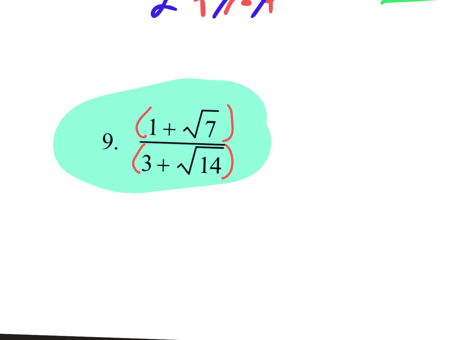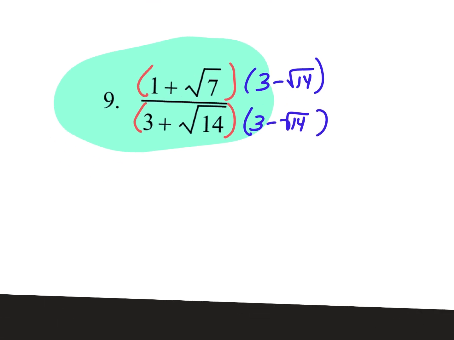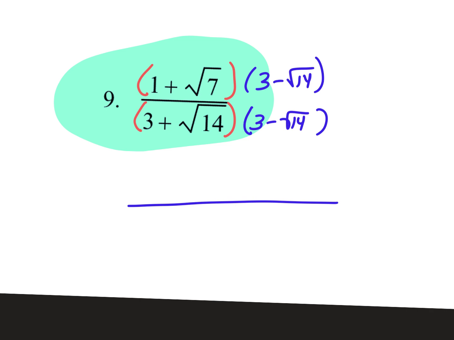What am I going to multiply the bottom by in order for my radical to disappear? The conjugate, the opposite. What is the opposite or conjugate of 3 plus radical 14? Very good, guys. What you do to the bottom, you do where? Perfect. I said yesterday, I think it's best to deal with the denominator first, just to make sure you got your sign right and that your radical disappears, right?